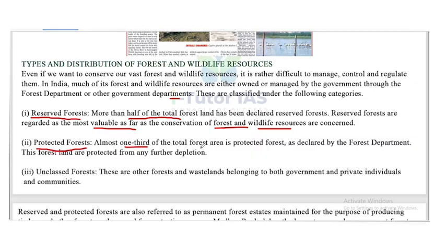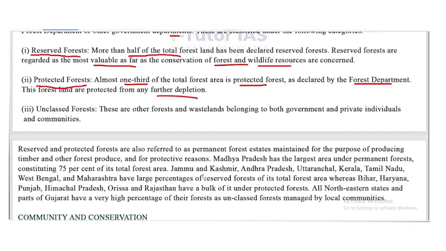Almost one-third of the total forest area is protected forest, as declared by the forest department. These forest lands are protected from any further depletion.